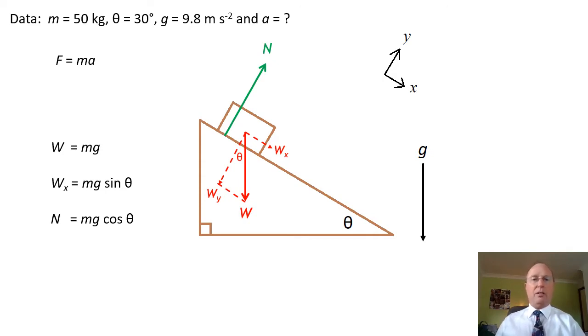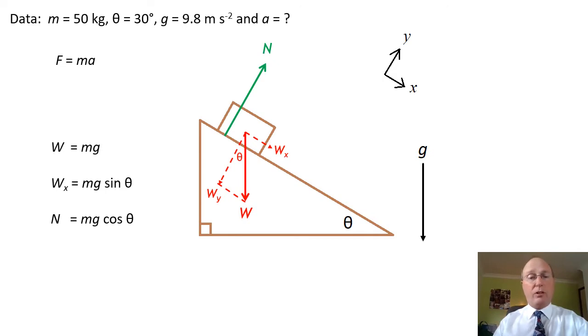Now you can also see that the weight is determined by mg. And using some trigonometry, we can see that sine theta equals opposite over hypotenuse, giving the x component of weight as wx equals mg sine theta.